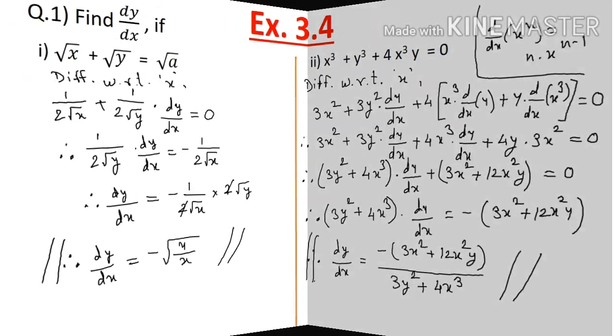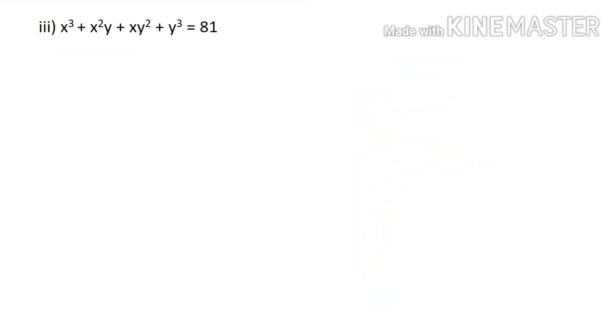Let's move to the next sum. x³ + x²y + xy² + y³ is equal to 81. So let us differentiate with respect to x. So the derivative of x³ will be 3x² plus, now derivative of x² into y, there are two terms, the product of two terms this is.